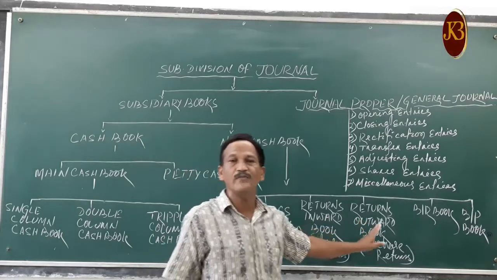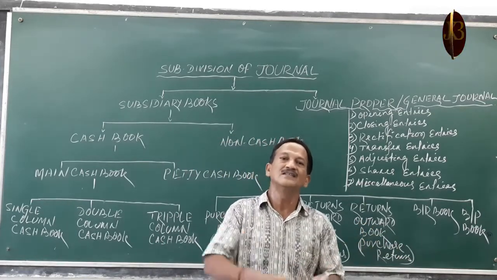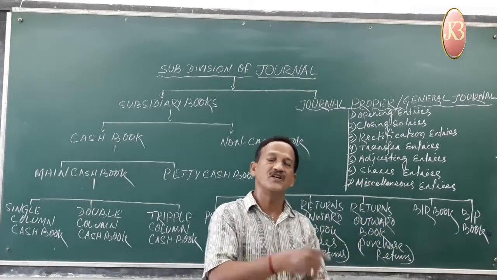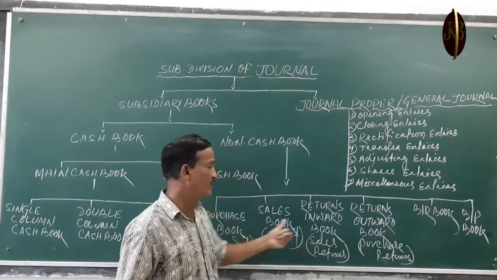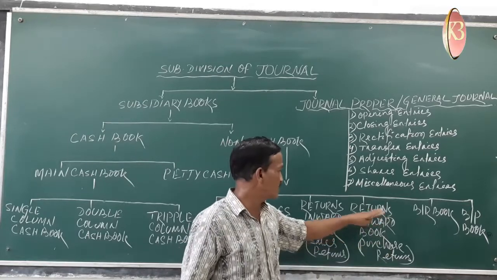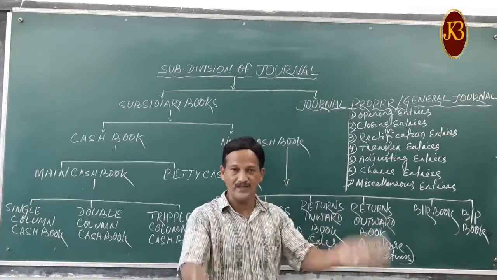The returns outward book maintains the records of goods returned by the business to the creditors. That means goods purchased on credit and returned to the creditor. So that is the returns outward book, which maintains these transactions separately.